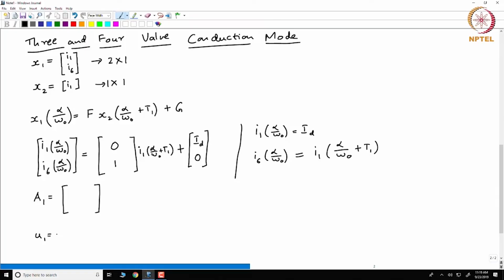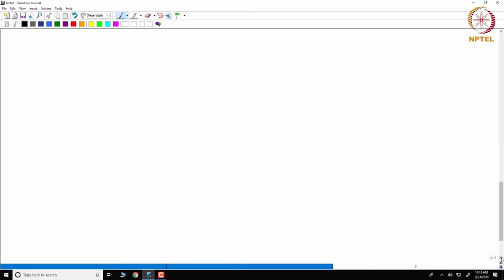What one needs to do is get the equation. Okay, let us do that. Say our circuit is like this.